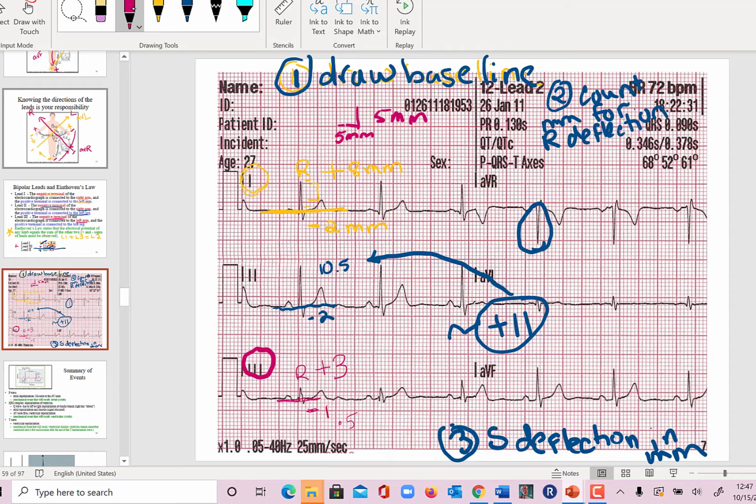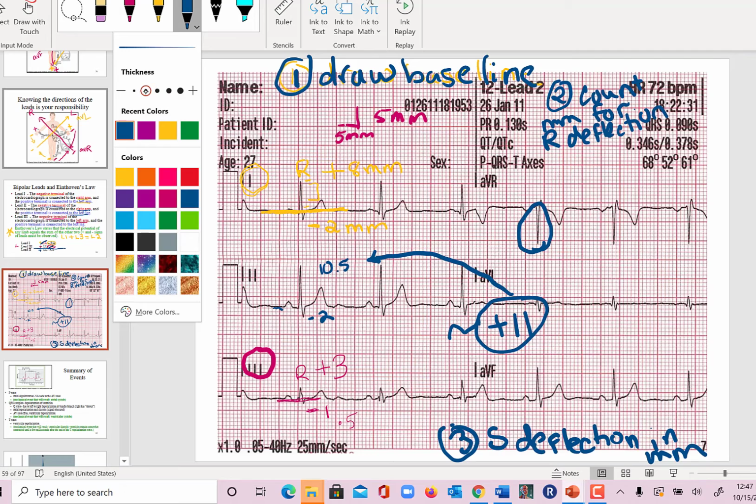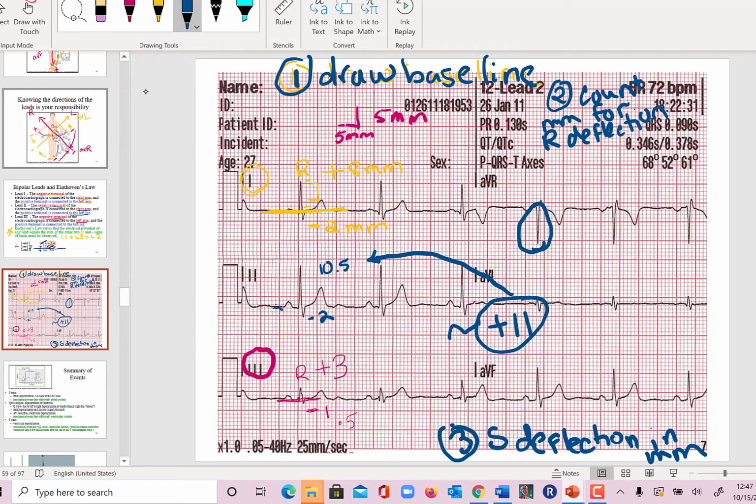And we can see that -2 plus a -1 is a -3. And for lead 2, let me draw my lead 2 baseline read with a thinner pen. Let's see if that helps. No, I still get about 2, maybe 2.5.